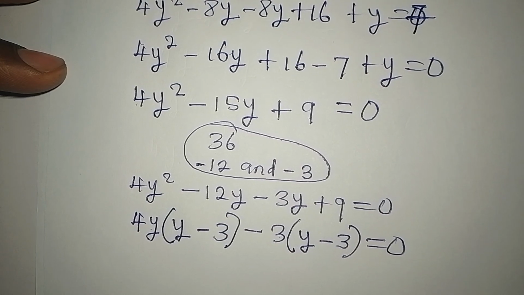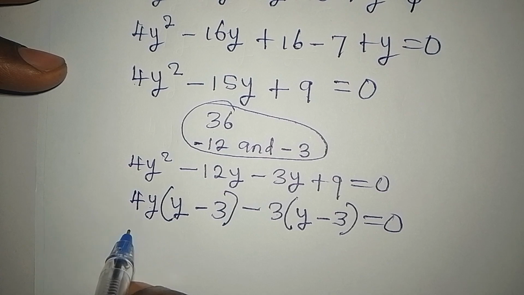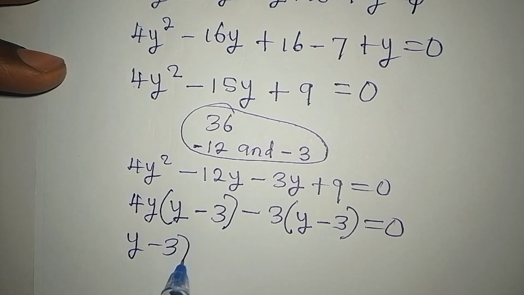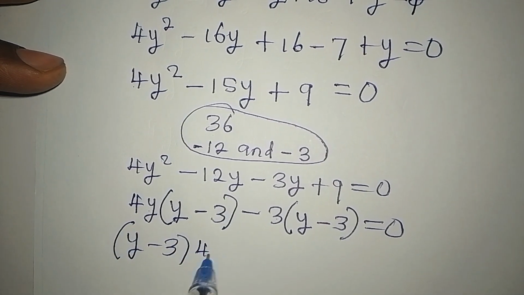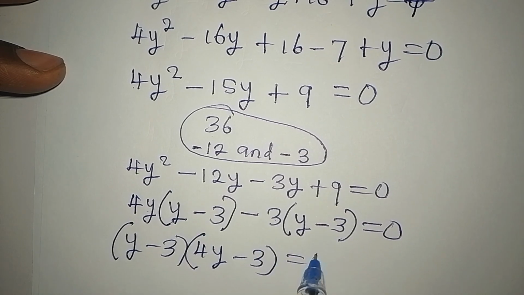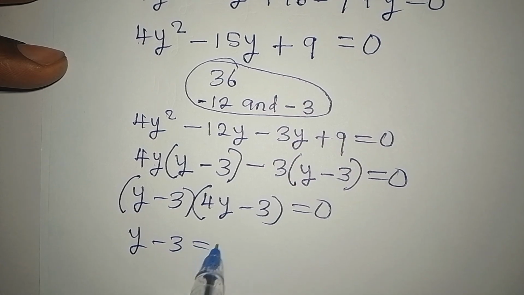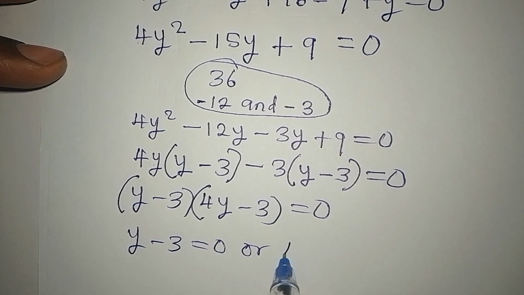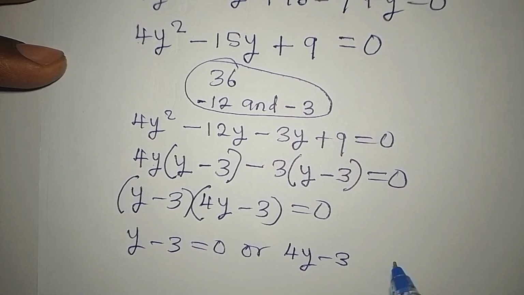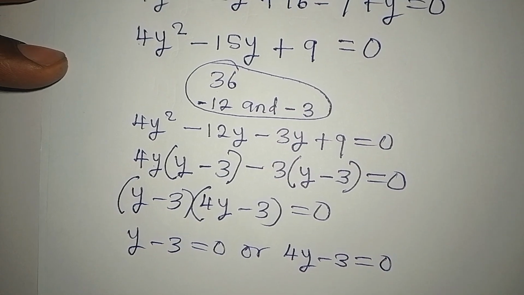So what do we do? We have the same thing in the bracket, so let's factorize y minus 3. Then here we have 4y minus 3 as well. We equate to 0, meaning that y minus 3 equals 0, or 4y minus 3 equals 0.